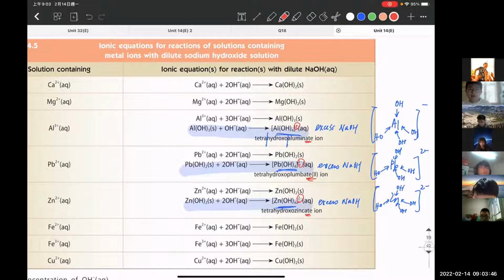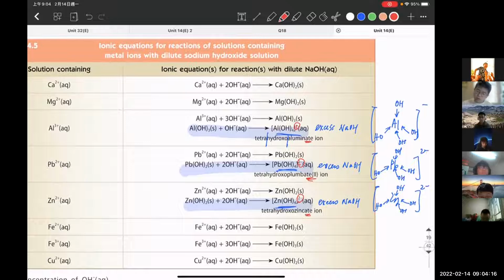Is that clear? So it's not that strange to you. For example, if you recall your memory in September, you memorized the term MnO4 minus, permanganate, dichromate. So you may see the word ATE again. Whenever you see the word ATE, it means the ion has a negative charge.